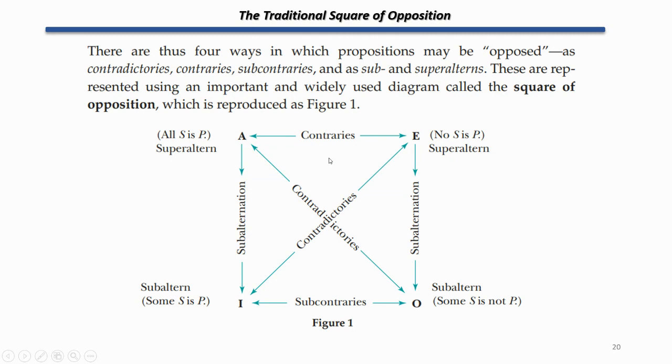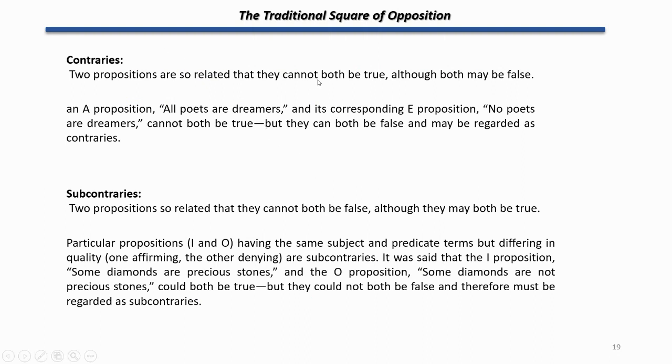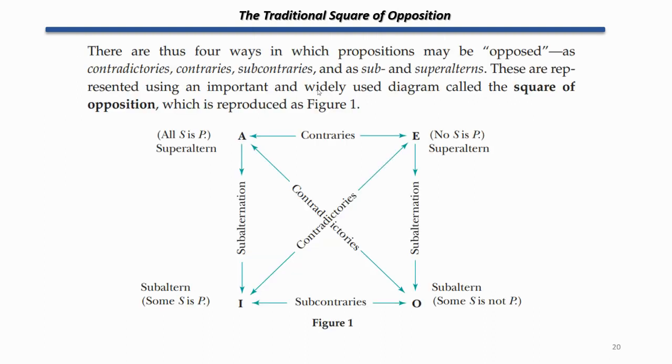A and E are contraries, as you understood. So how are these contraries? Contraries cannot both be true, but both can be false. So that's why A and E are contrary, and I and O are subcontrary, because both can be true, but both cannot be false.